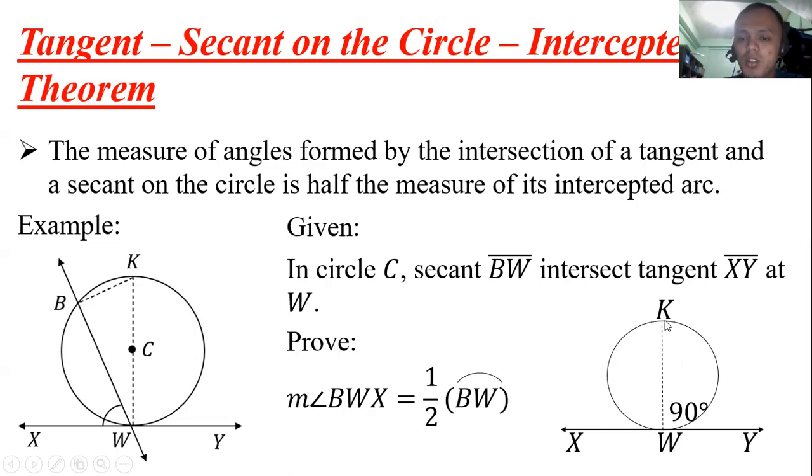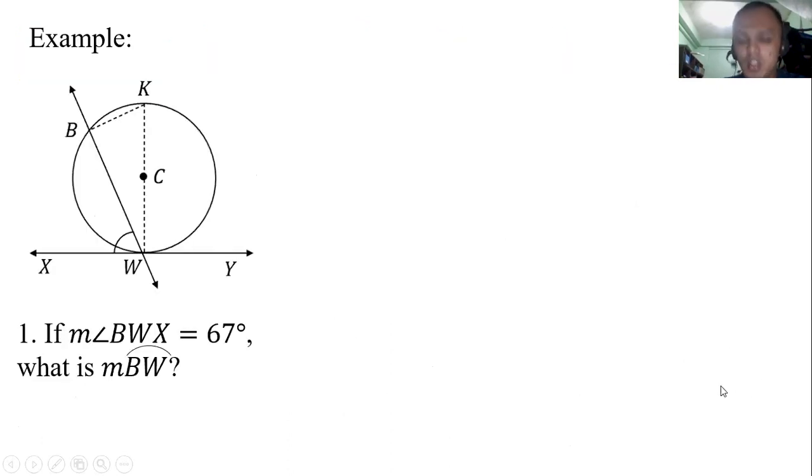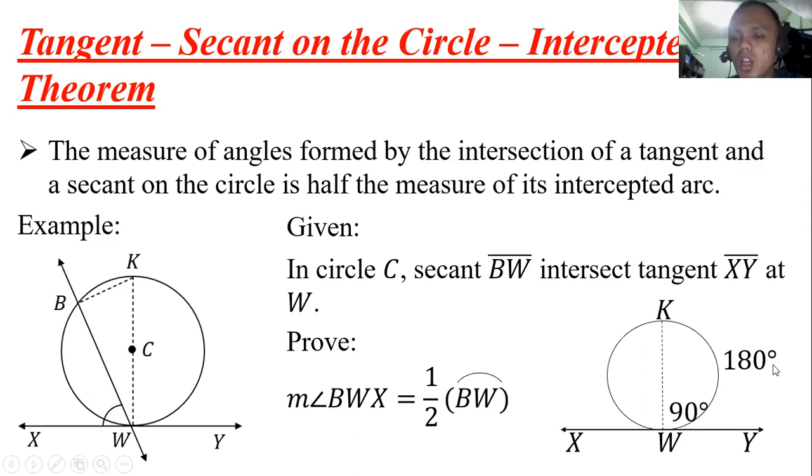But since meron tayong diameter here, we can form in a circle C two semicircles. And that is KW sa part na to and KW naman sa left side. Now, kung semicircle yung KW, therefore, yung degree niya is equal to 180 degrees.